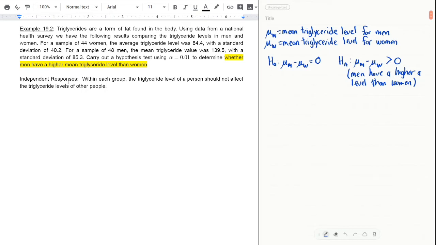Okay, so they are independent of one another. And we also have the independent groups assumption. Okay, so the groups must be independent of each other. So what this means is that the triglyceride level of a woman should not affect the triglyceride level of men and vice versa. Okay, so the triglyceride levels of men should not affect the triglyceride levels of women.